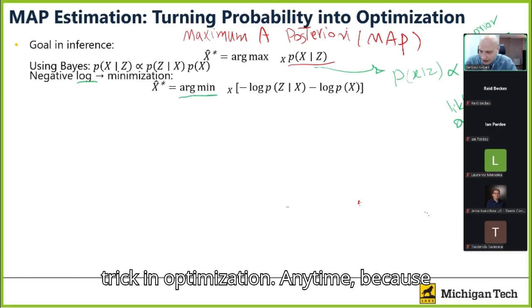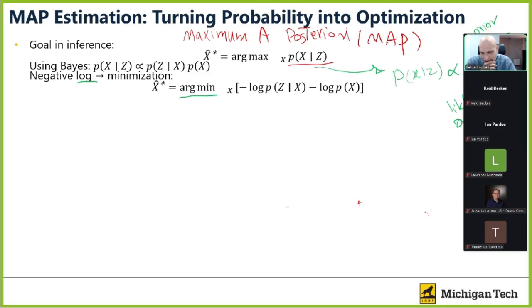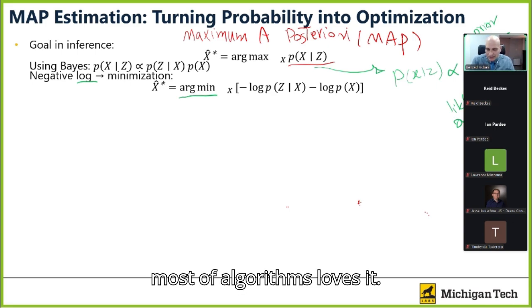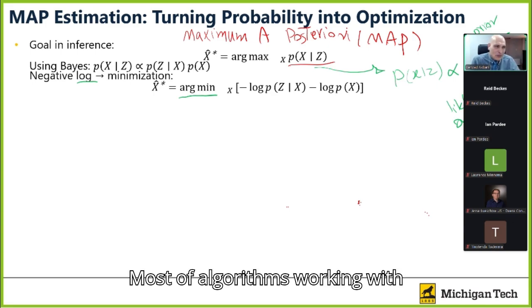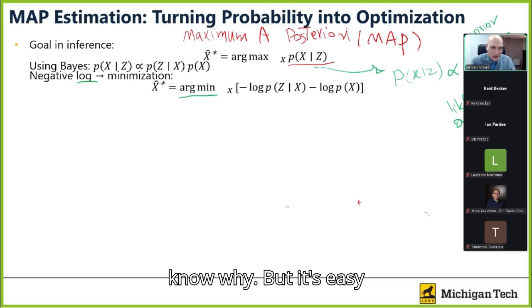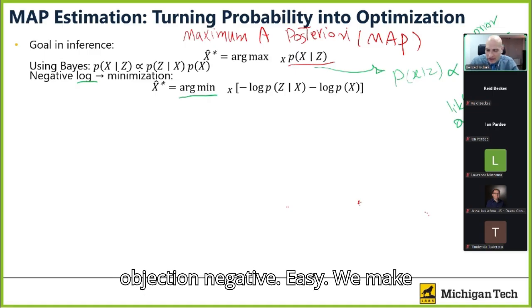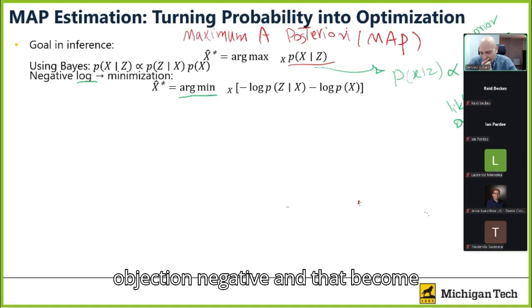This is another trick in optimization, because minimization is very well known and most algorithms love it. Most algorithms work with minimization, not maximization. I don't know why, but it's easy to change from maximization to minimization: we just make the objective negative, and that becomes minimization.